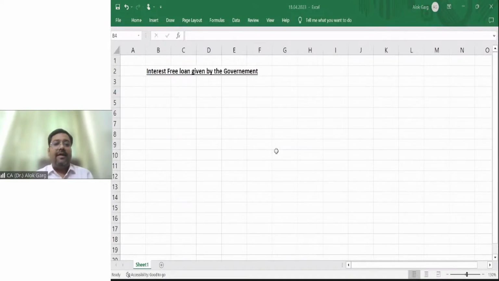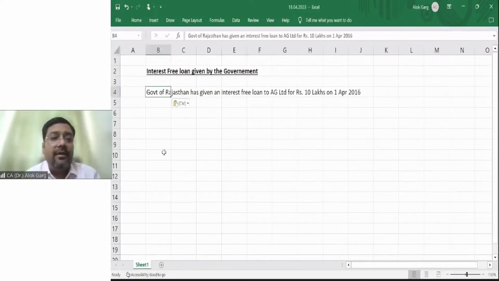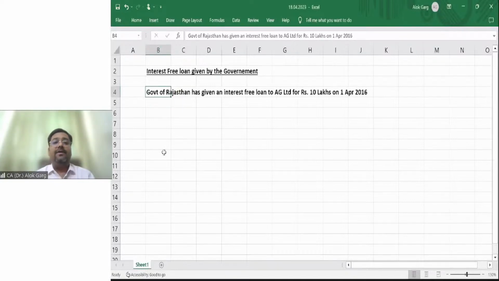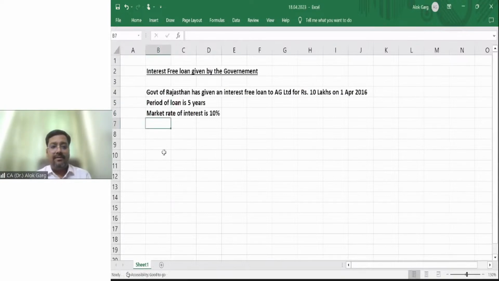Let's say the Government of Rajasthan has given an interest-free loan to AG Limited for rupees 10 lakh on 1st April 2016, right? The period of loan is 5 years. The market rate of interest is 10%, and you need to advise the treatment in this case in the light of the provisions of Ind AS.